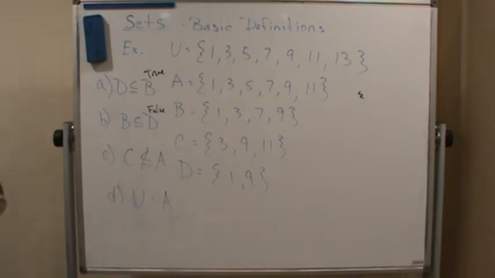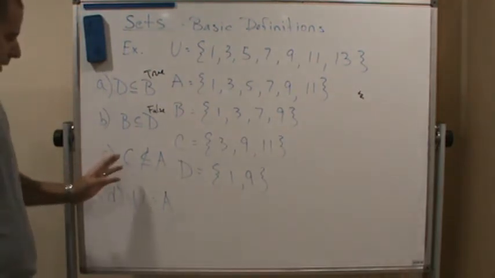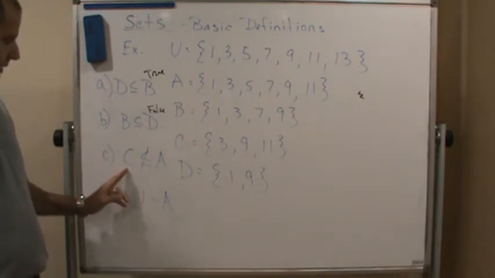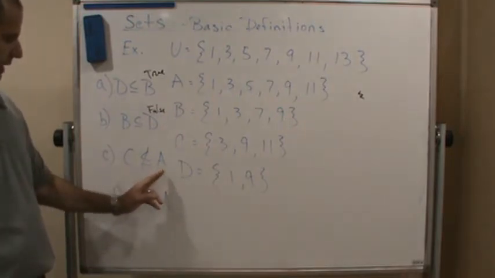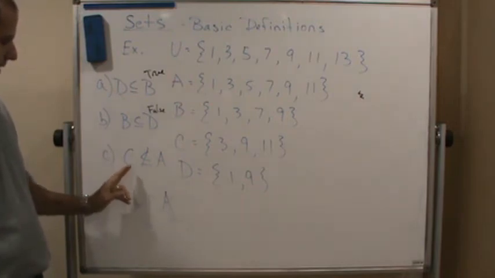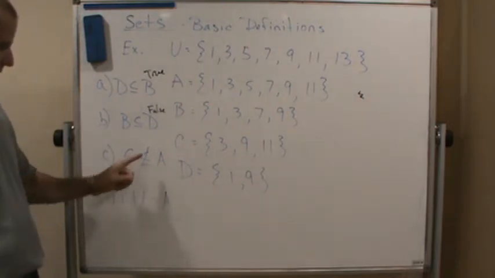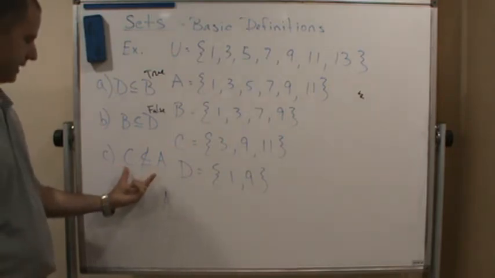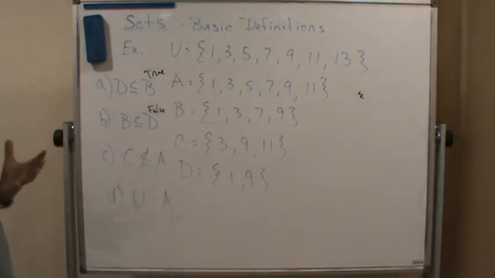Now C says, and again, this is something you haven't seen before, C is not contained in A, or in other words, C is not a subset of A. The slash through the symbol means not. So what we're saying is C is not a subset of A. Is that true?